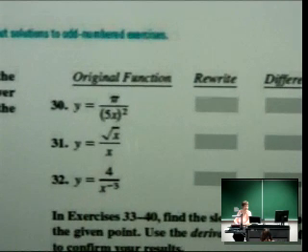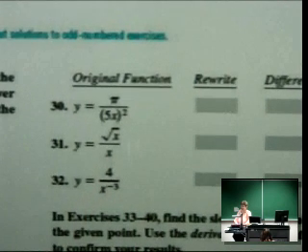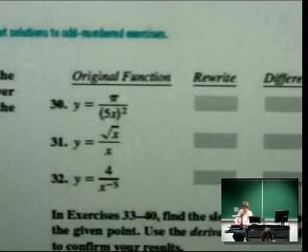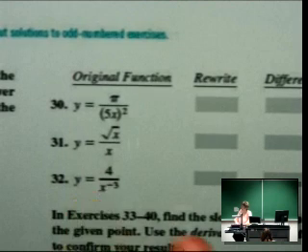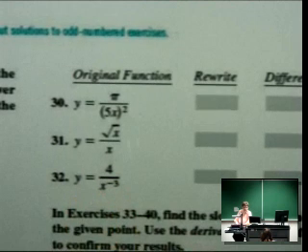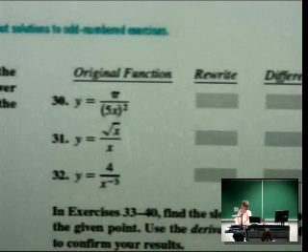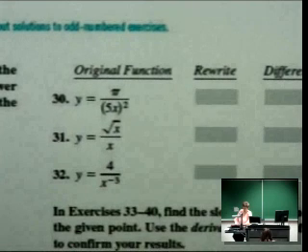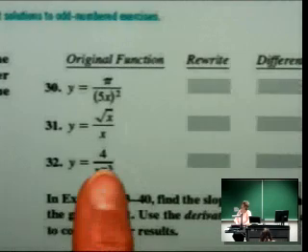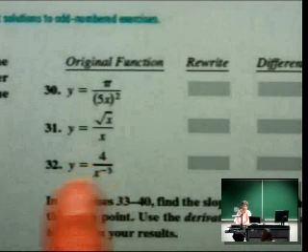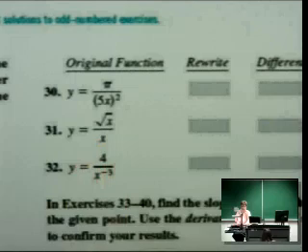It's just 4x cubed. If you have x to the negative 3 in the denominator, when you take the reciprocal, you're going to have x to the positive 3 in the numerator. There is not a process in math that causes you to take the reciprocal of an exponent. Taking the reciprocal of the base changes the sign of the exponent.